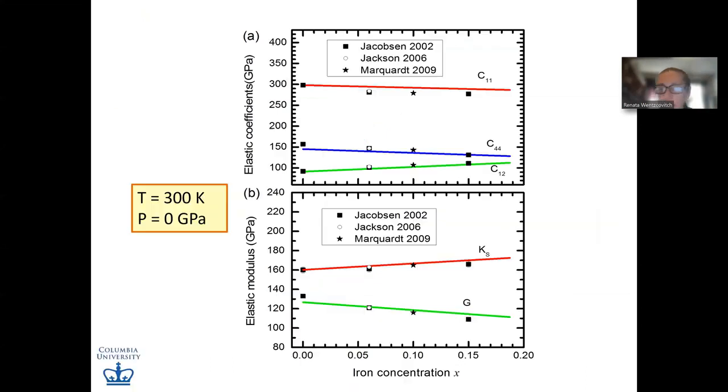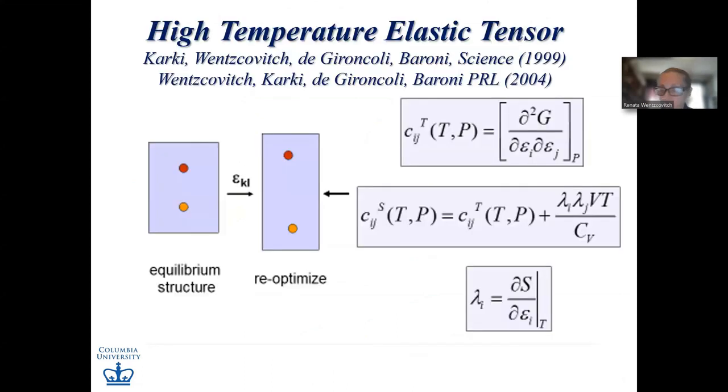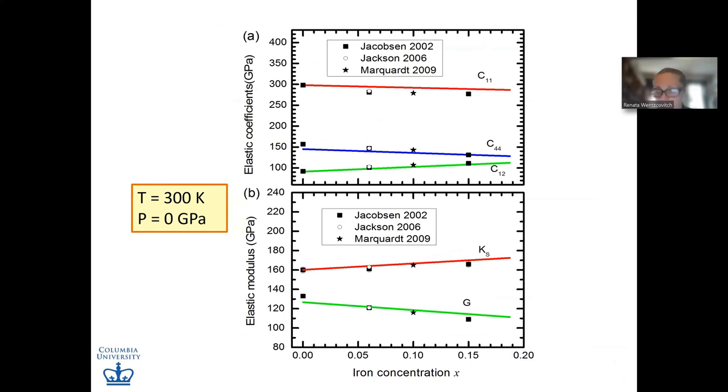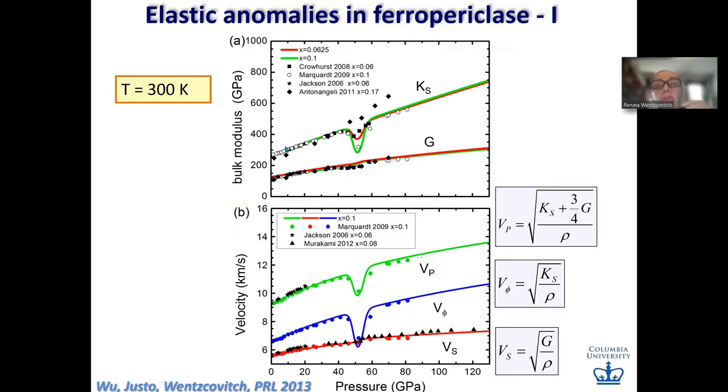We calculated this for high spin, and we can recalculate for low spin at higher pressure for the entire pressure range, and we mix them according to this formalism, right? And this is what you get. This is the adiabatic bulk modulus as a function of pressure at ambient temperature for 10 and 6% iron.